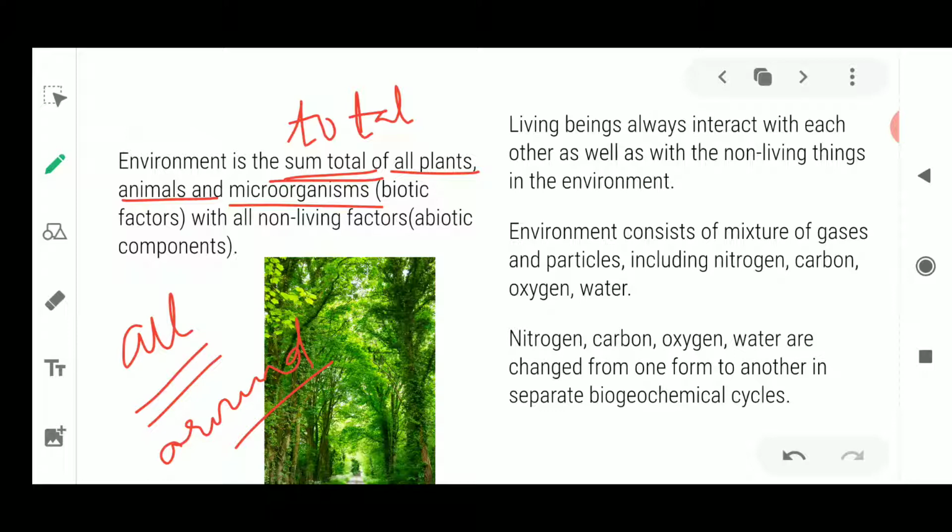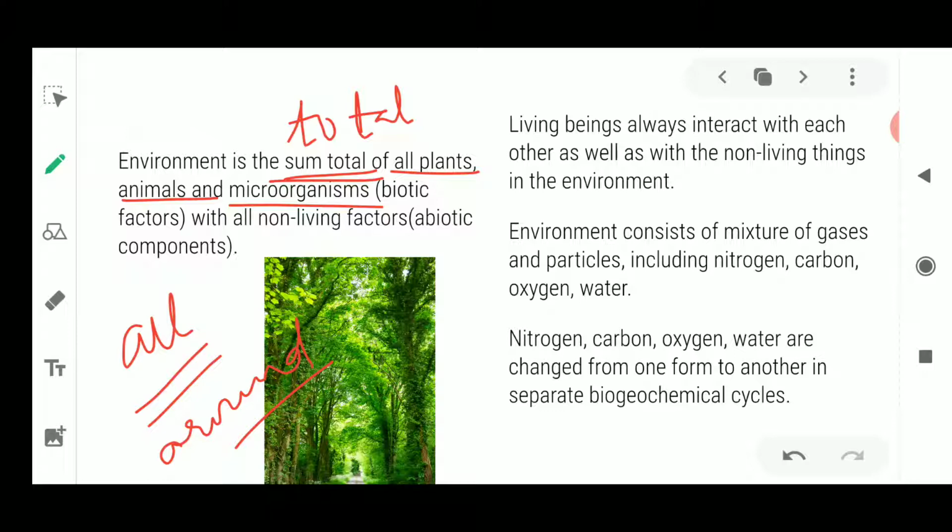Now if we are taking the total things, all the things, then living as well as non-living things both are going to come under this topic. That is why all the plants, animals and microorganisms, the biotic factors, as well as the abiotic, non-living components are present. All these are going to constitute our environment.